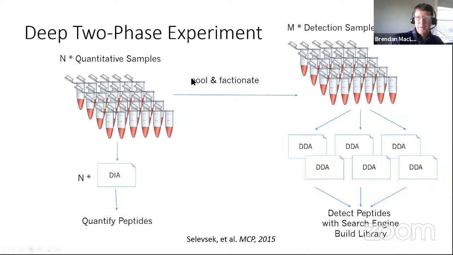In the Selevsek experiment, they pooled and then did chemical fractionation into, I think, 42 different runs on a mass spectrometer.